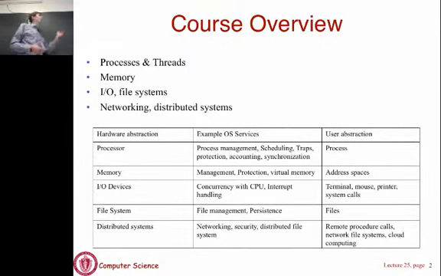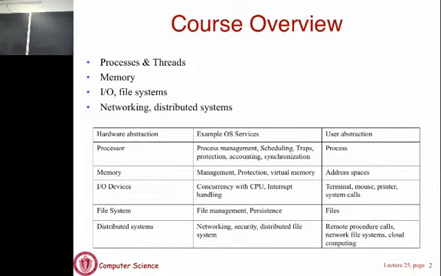So this basically gives us a high-level picture of what we've covered in the course. We had a couple of different main components, and largely what we've been talking about is the various hardware components of our systems and what the OS provides to operate each of those components.